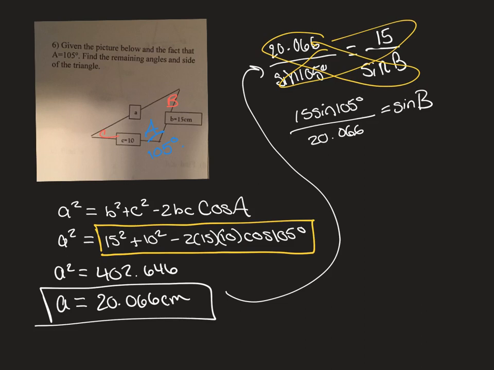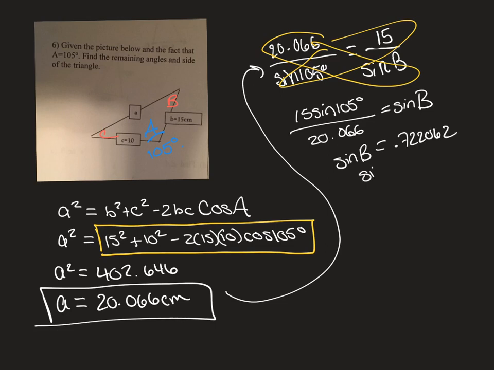So I'm going to type that in my calculator. So you're going to get that sine of B is going to equal 0.72262.